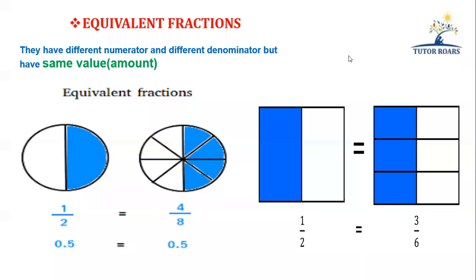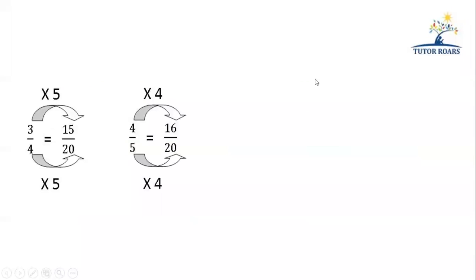Now students, let me show you more tricks so that you will identify equivalent fractions in a much better manner. Here we have something for you. In this, you can easily find that 3/4 is converted to 15 upon 20 by simply multiplying by 5 in the numerator as well as 5 in the denominator. Here, both numerator and denominator are multiplied by the same number.